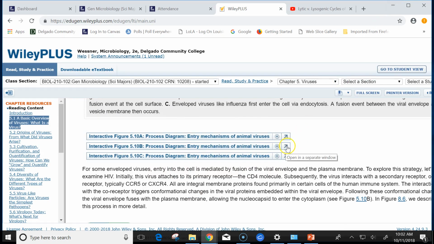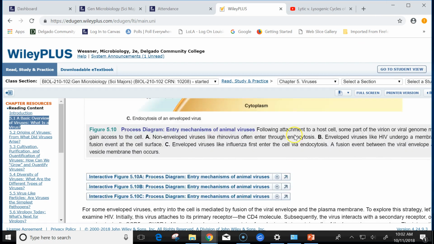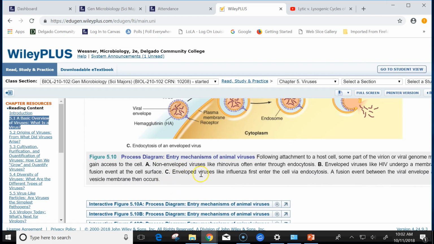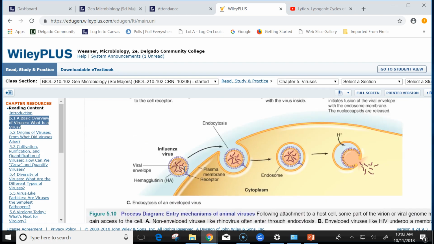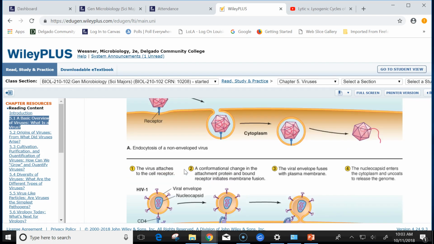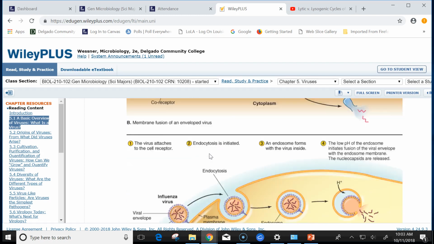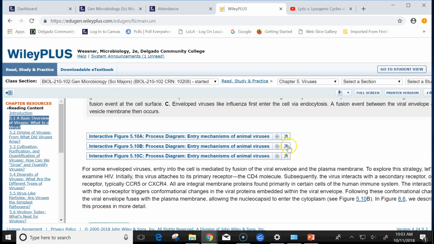So that's one possibility. That's referred to as receptor endocytosis of a non-enveloped virus, right? So, a naked virus.